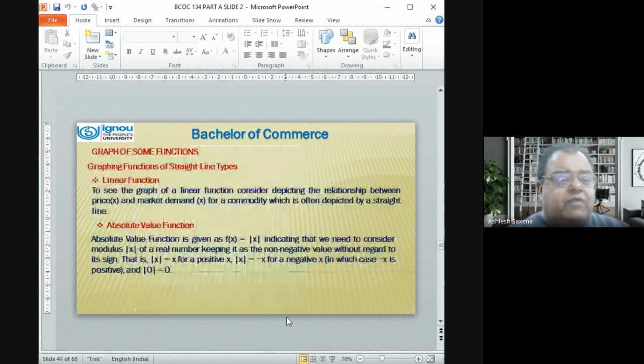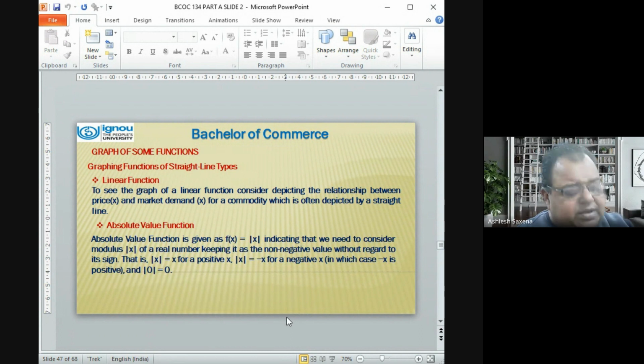Graph of some functions. A linear function is denoted by f(x), and its graph will be a straight line. Absolute function is that function where, whatever the value of x you take, you will get a positive answer. That means it is used to remove the negative sign.